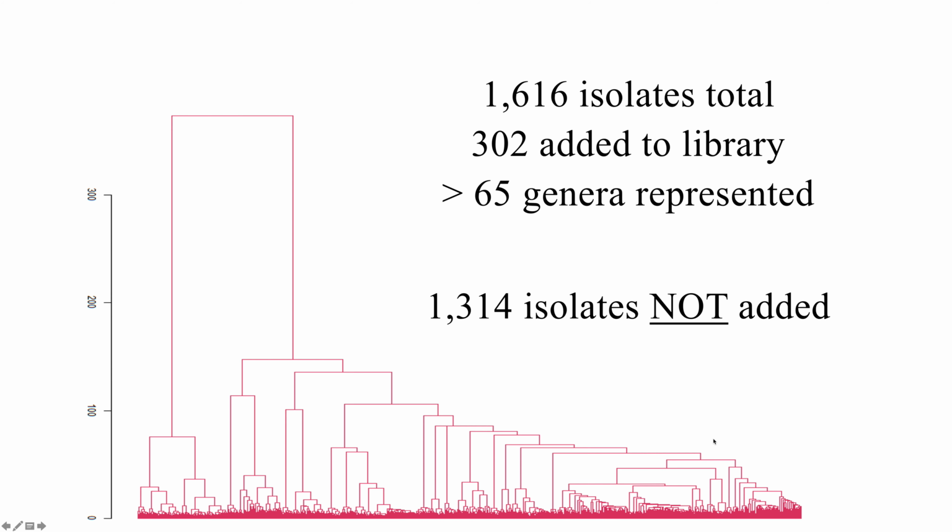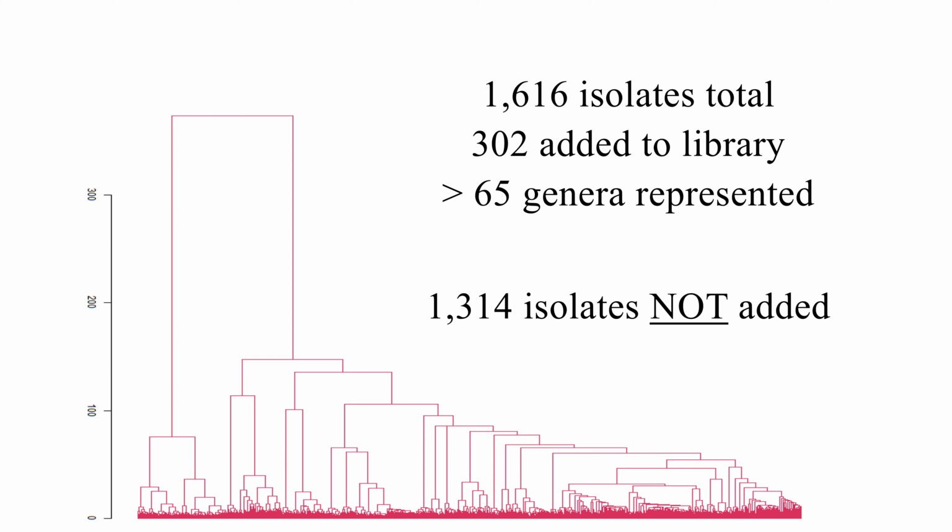After analyzing all of these and analyzing the metabolite association networks of each of these different pseudo-phylogenetic groupings, we added 302 strains to the library. Now, because of our untargeted colony picking practices, because we chose to pick every single colony on every single plate and not just select ones that looked good by our eyeball, we ended up getting from these 102 isolates greater than 65 genera represented.